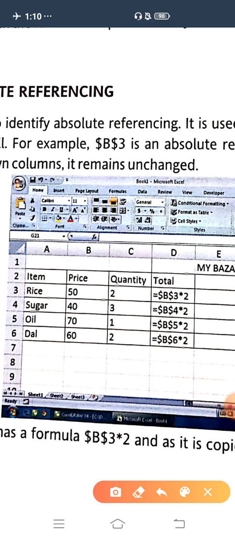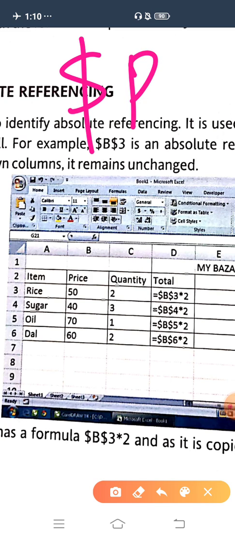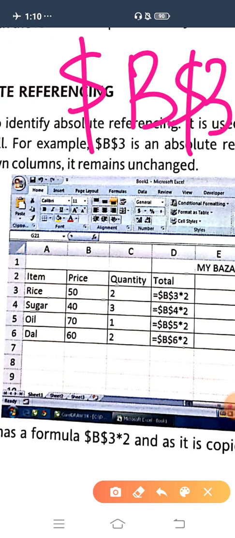To calculate the first total, we have to multiply 50 and 2. They have mentioned the cell address of 50, that is B3. But in the case of absolute referencing, what do we use? We always use the dollar sign. That is why they have written it like this, $B$3, because this is an example of absolute referencing.